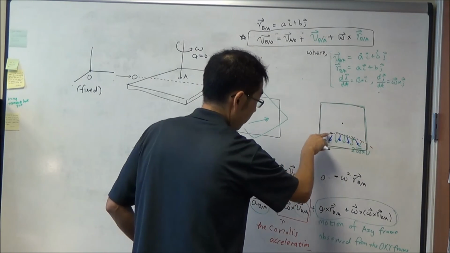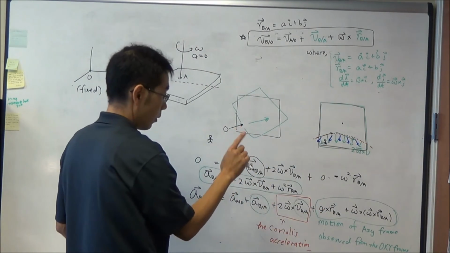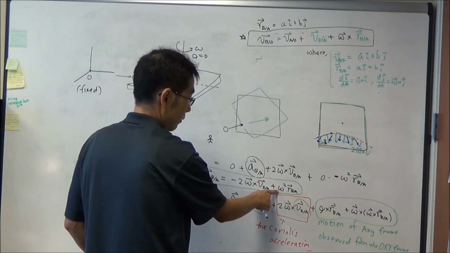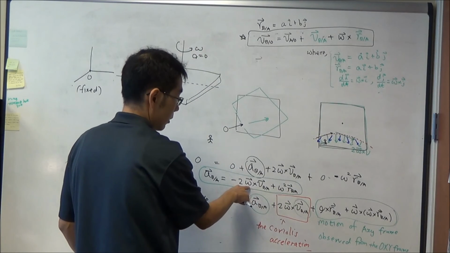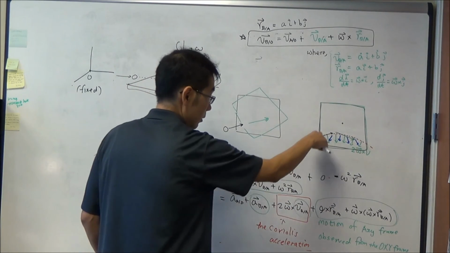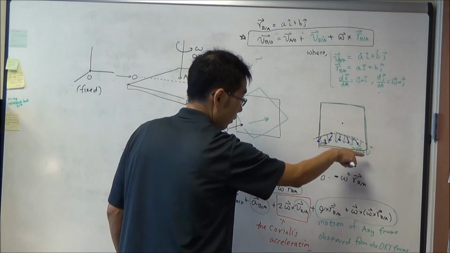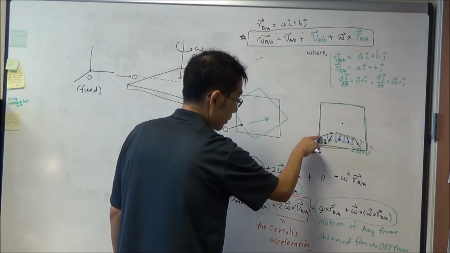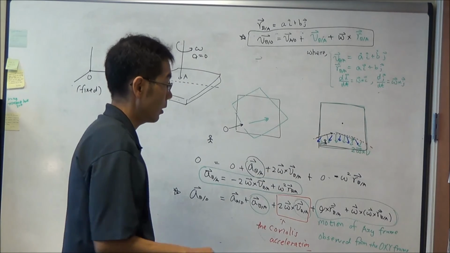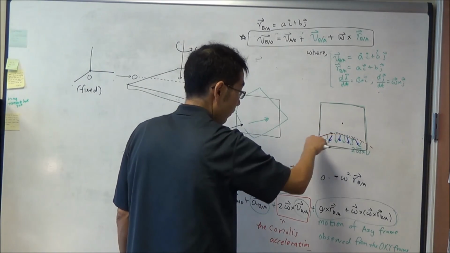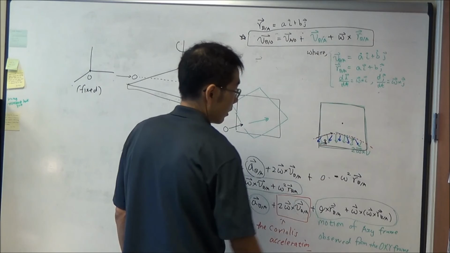So when the ball moves, the ball has a centripetal kind of force, which is outward, and this is the Coriolis effect, perpendicular to the motion of the ball. That's why the ball is deviated because of those acceleration terms. They're pushing down, that's why the ball is deviated.